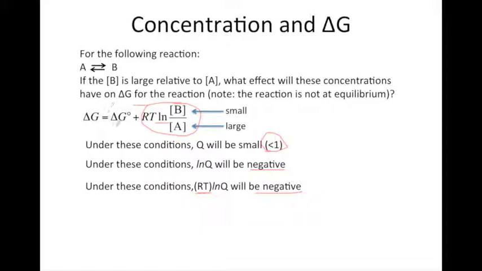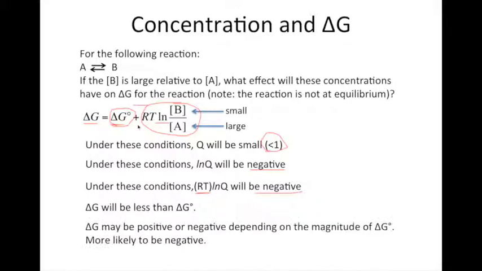So we're going to be subtracting some number from delta G. So that tells us that delta G is going to be less than delta G standard because we're always going to be subtracting some number from it. So if we're subtracting some number, that means that delta G will be less positive or more negative than delta G standard.